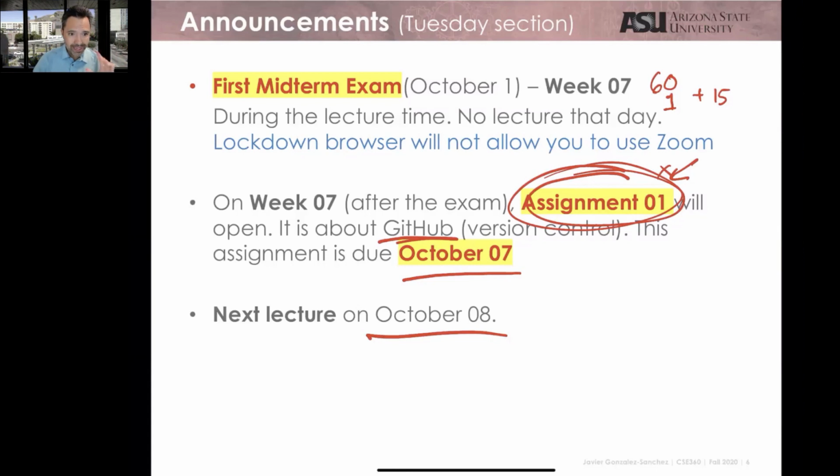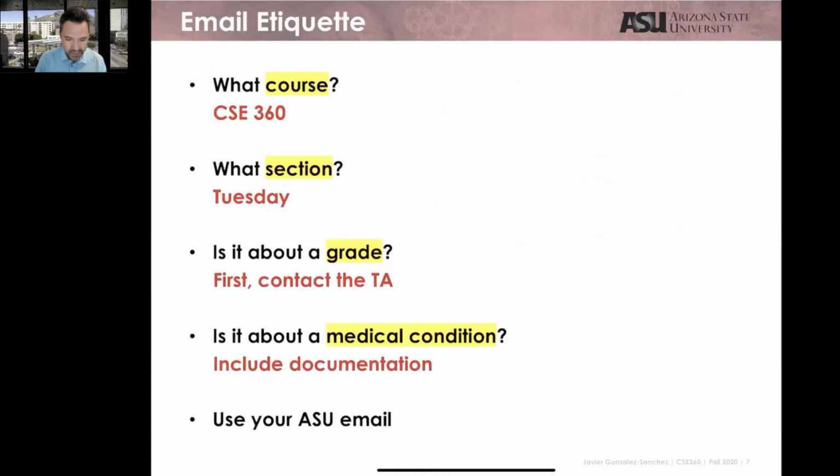Okay, so that is the schedule. Now, I need to ask you, I have received some emails from you. I am sure that probably there are going to be more this week. Please, if you send an email to me or to the TA, be sure to mention the class. The TAs, some of them are helping me with more than one class.